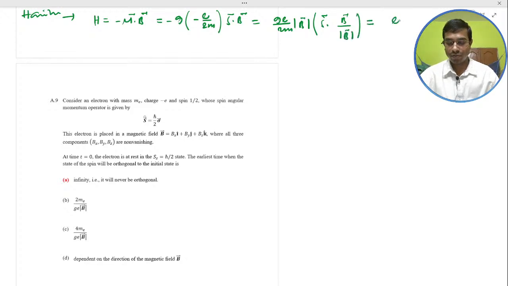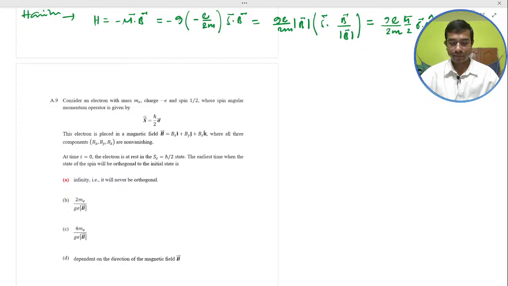That is equal to e B by twice m, put this value of the S, that is h cross by 2 sigma dot n.